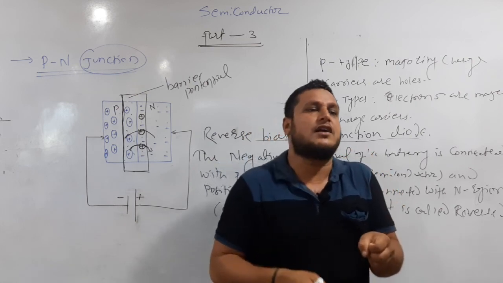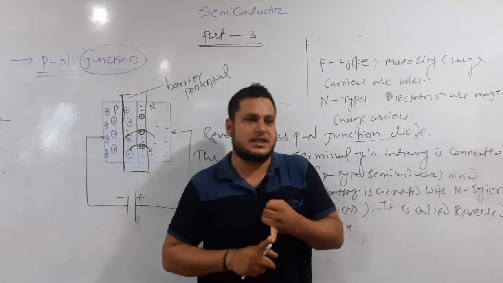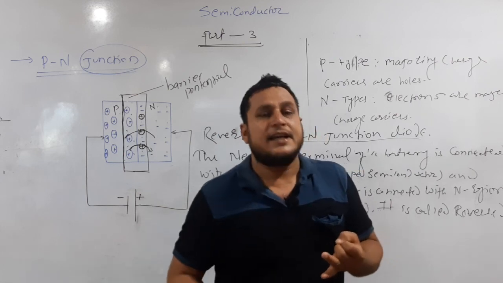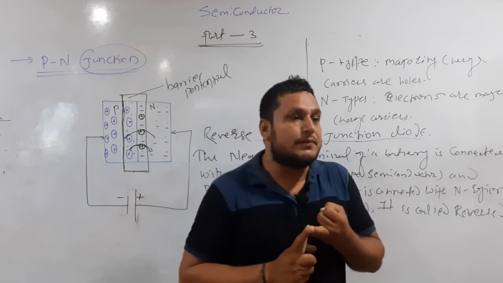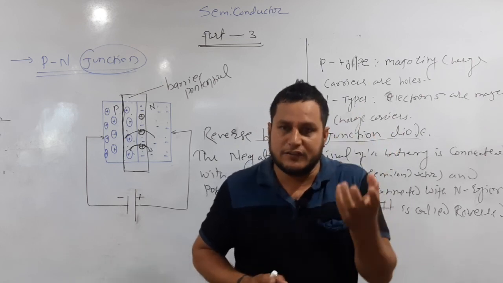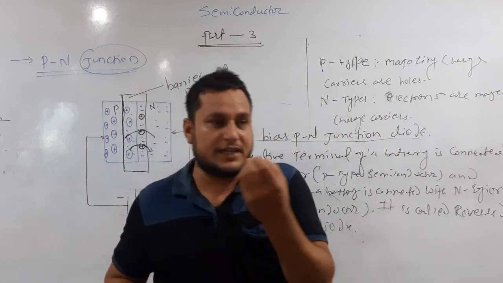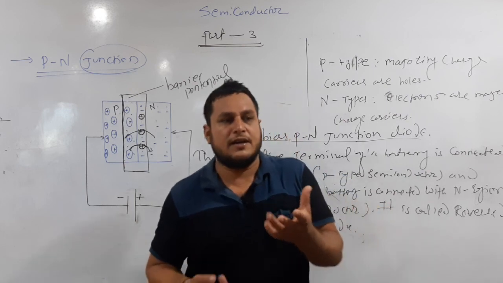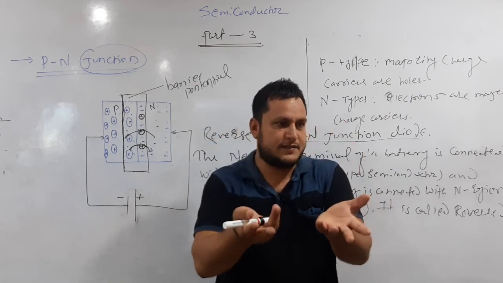It means what? In a reverse bias PN junction diode, we can say the width of the depletion layer will be increased. If the width of the depletion layer is increased, it means the barrier potential will also increase.